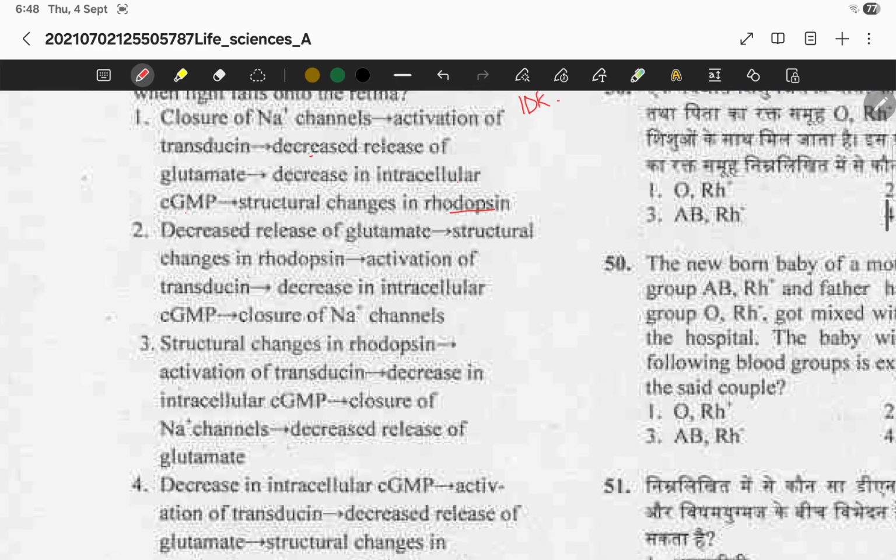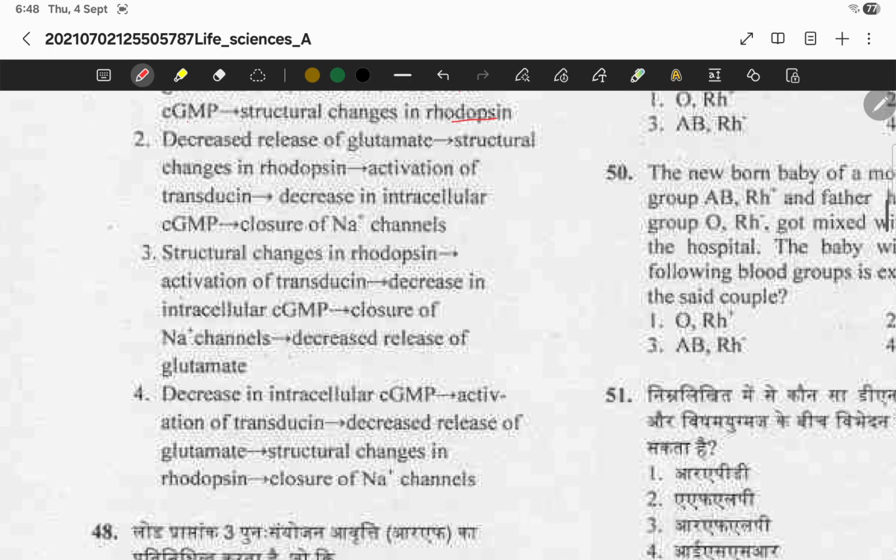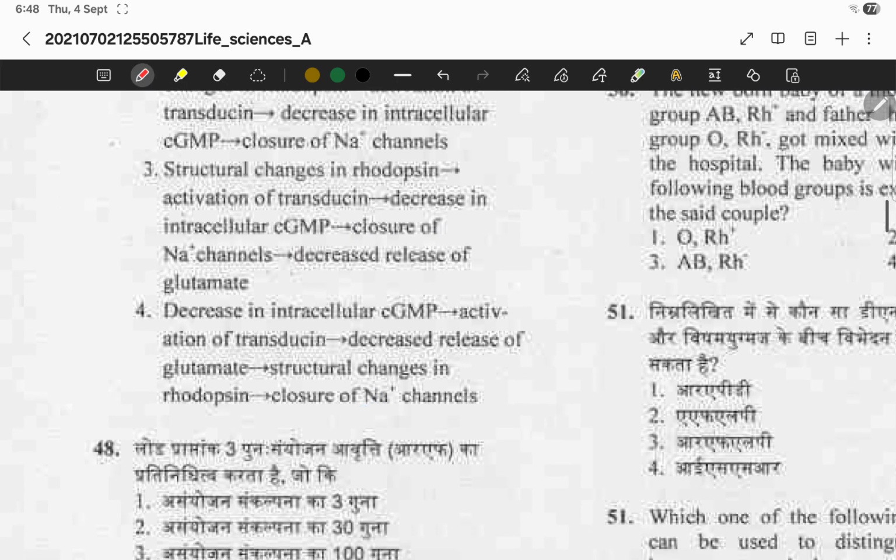Decrease release of glutamate, structural change in rhodopsin, activation of transducin, increase in intracellular cGMP, closure of sodium channels. Structural change in rhodopsin, activation of transducin, decrease in intracellular cGMP, closure of sodium channels, decrease in release of glutamate.